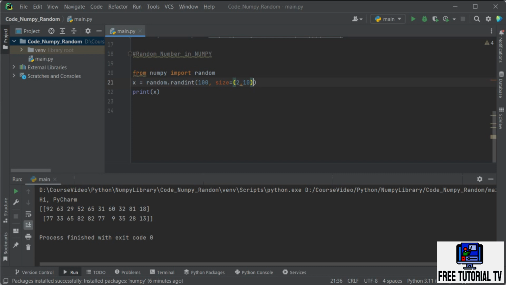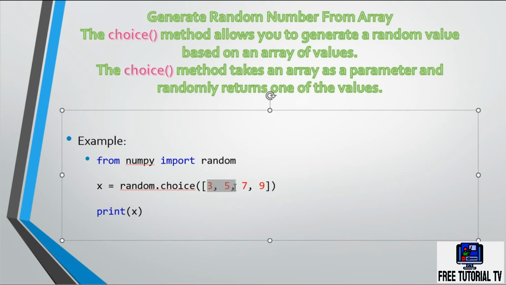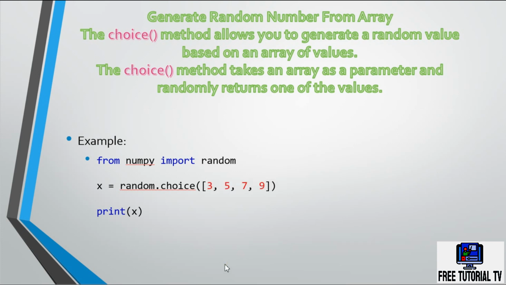Let's go and see the next way of generating a random number. Here, the random number can be generated from any array by using choice. The choice function accepts an array as a parameter, and here 3, 5, 7, and 9 are the values which can occur in your array x.